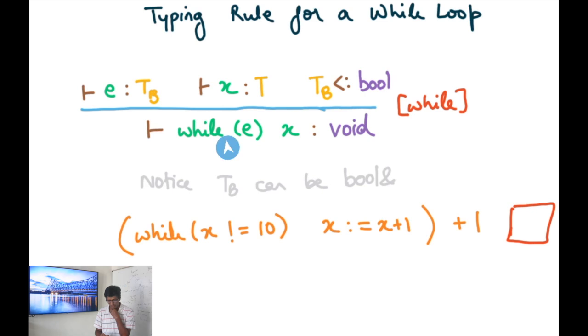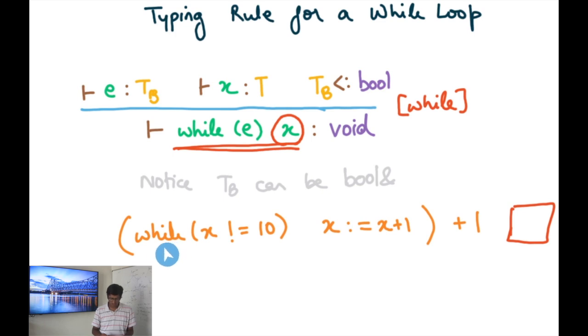So if the intention here was that the value returned by this loop is the value returned by the last execution of the body, it is possible that the body never executed, in which case it would be incorrect to say that this whole expression has type t. And so the choice that we make as a language designer here is that we just give it a void type.